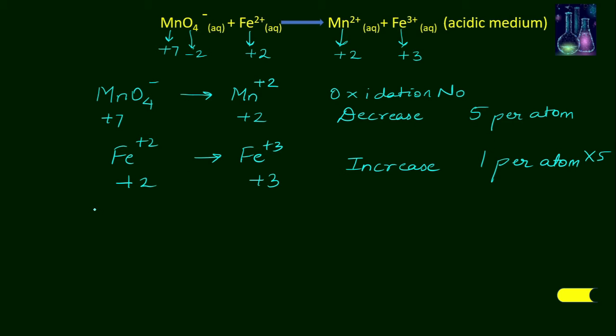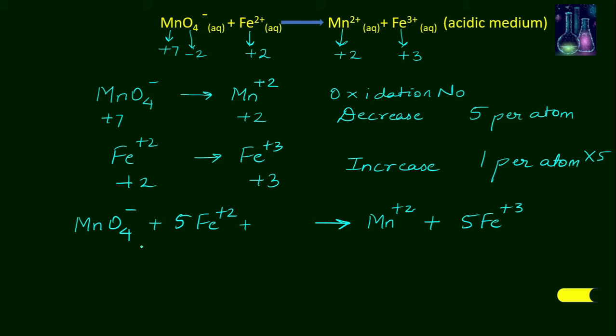Now write the equation: MnO4 minus plus 5 Fe +2 gives Mn +2 plus 5 Fe +3.